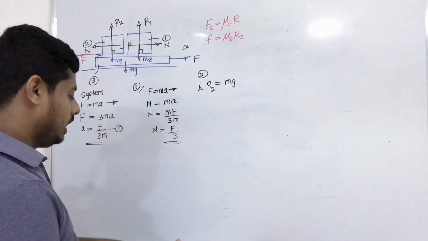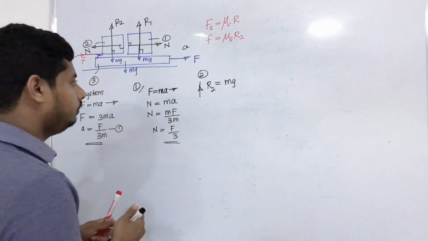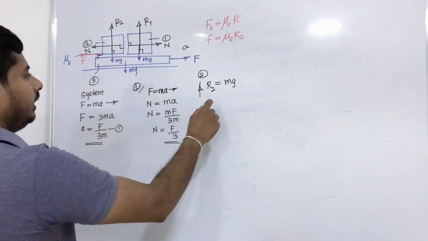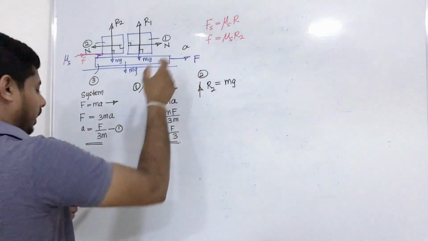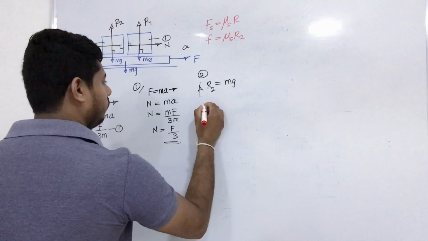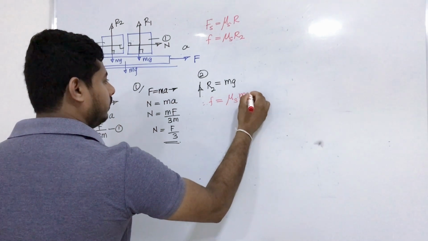The only possible motions are in the horizontal direction. So R2 is directly mg. That's easy. Now from this equation, you can get friction. Therefore friction is equal to mu s mg.